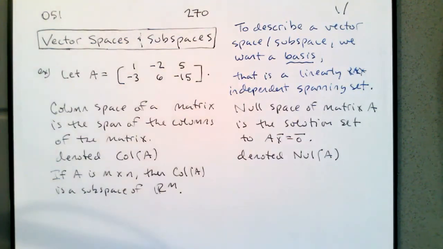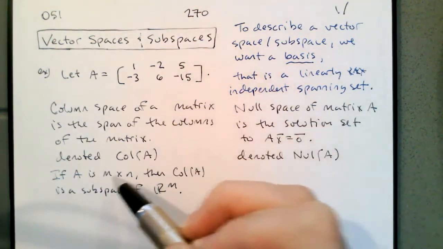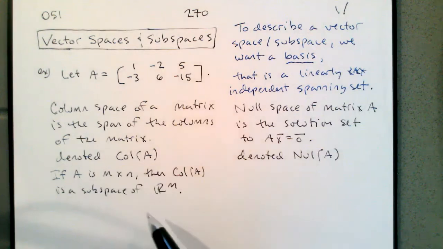This makes sense. We're making a linear combination of all the columns of A. The columns of A are in Rm, if A is m by n, and so any combination of those columns will be in Rm as well.